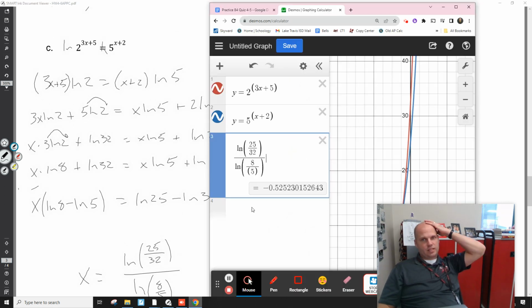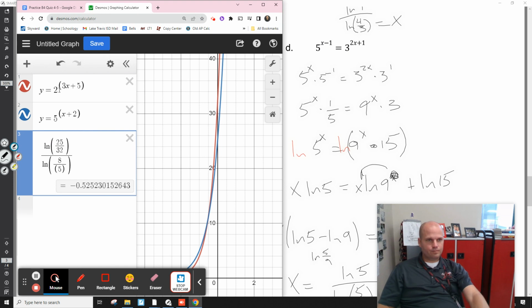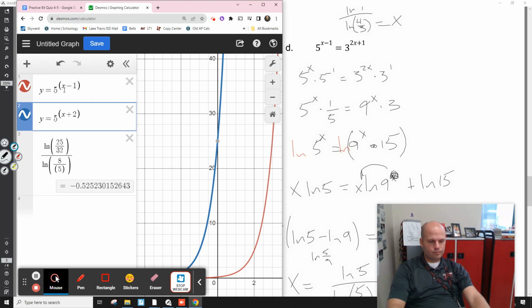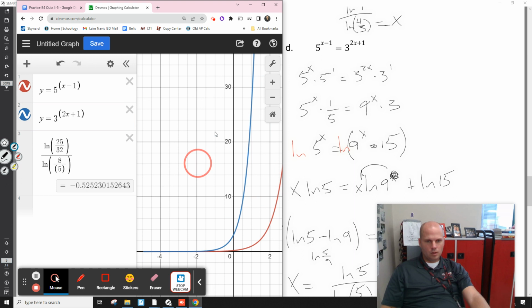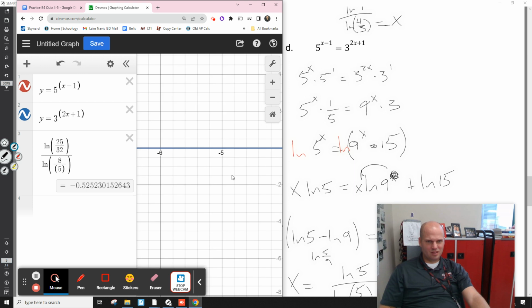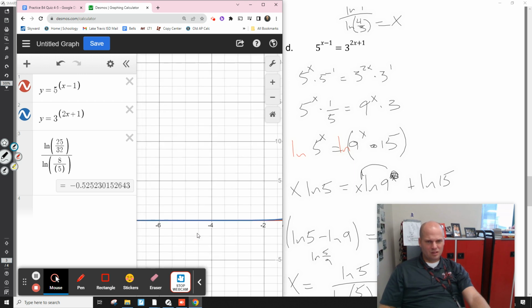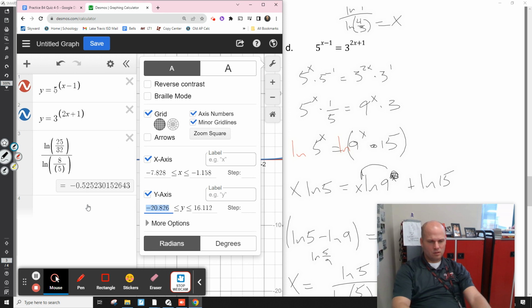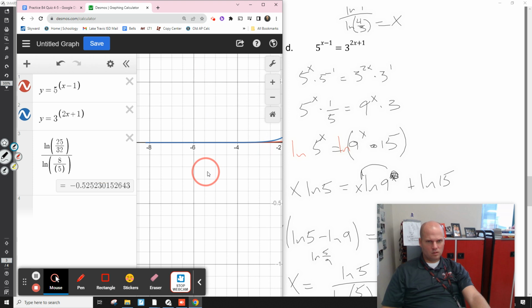All right, 5 to the x minus 1, 3 to the 2x plus 1 intersects at negative 4.607. I don't think that's where they intersect. I'm going to have to really zoom in here.